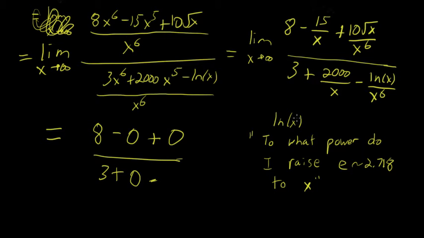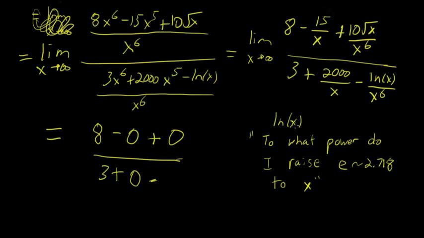But what you can see is, for any given value of x bigger than 1, ln of x is going to spit out a number bigger than 1, but that number is going to be smaller than x.